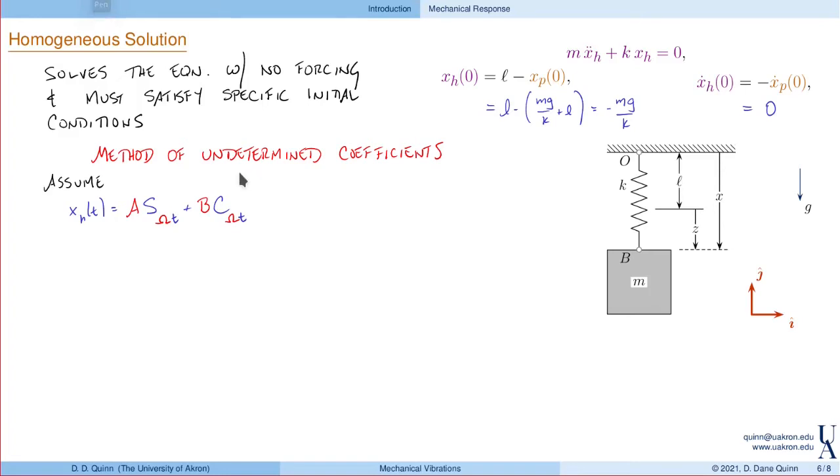Okay, well, just like everything else we do, let's figure out what, in this case, the acceleration is, and then substitute into the equation of motion.